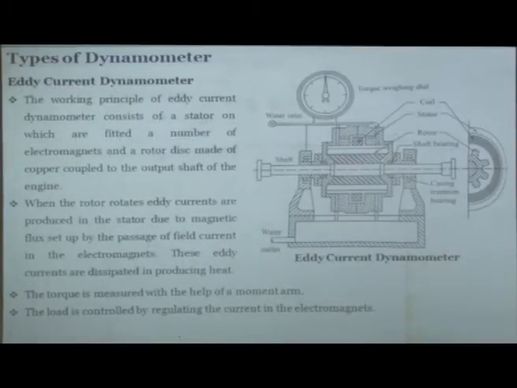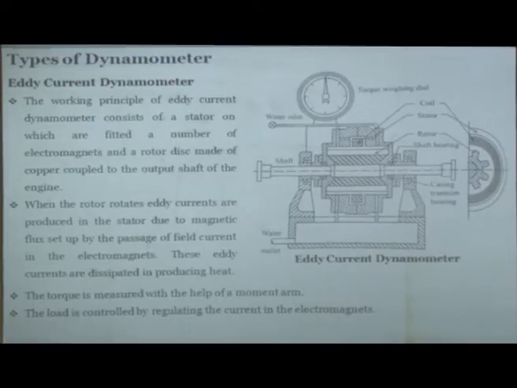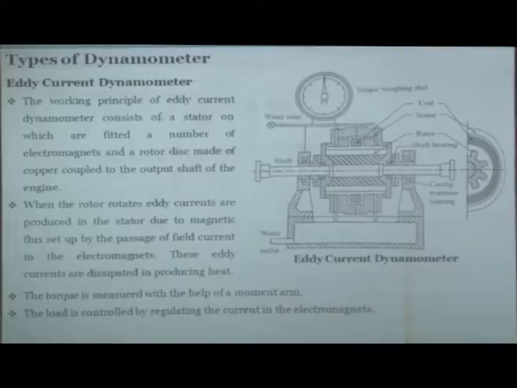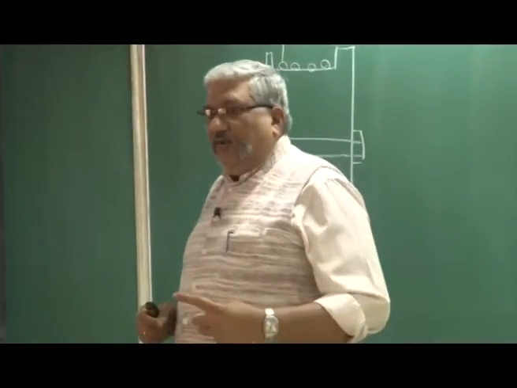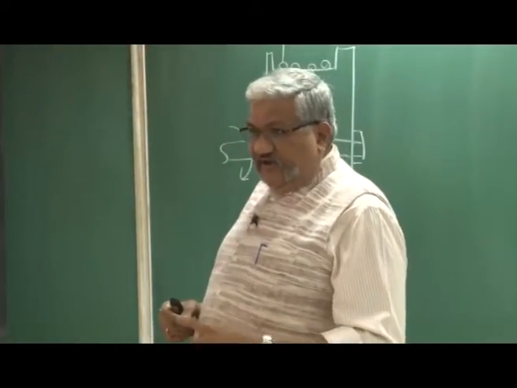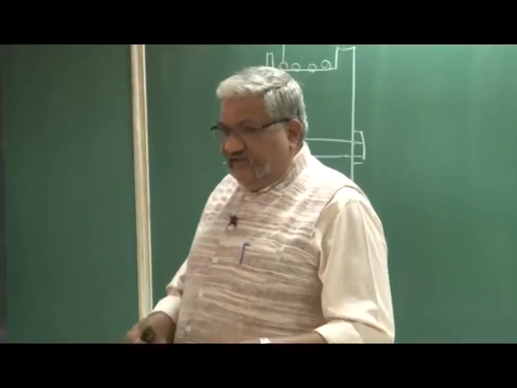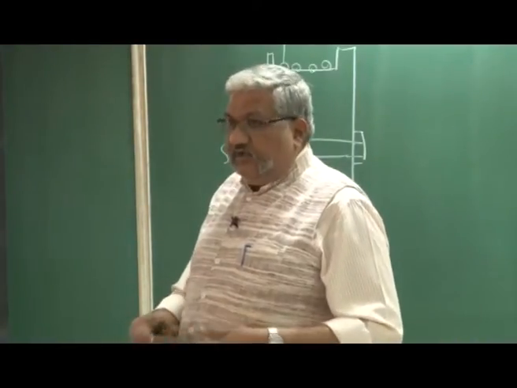The last type, it is not exactly the last type, there are other types also, but one of the important ones that I wanted to discuss, and which is very popular, is called the eddy current dynamometer. So here the principle is that instead of having water circulating, you have a coil which generates a magnetic field and then you have a steel rotor.